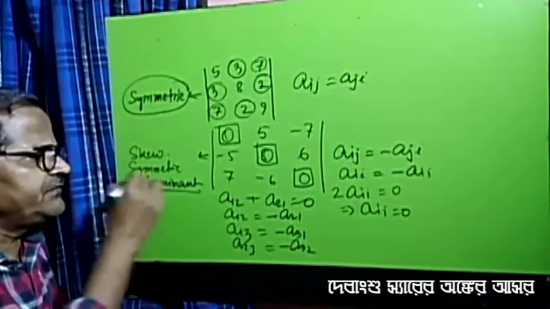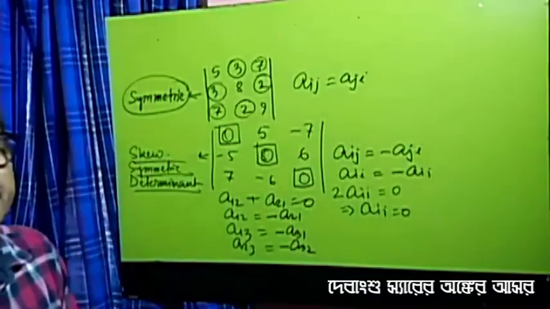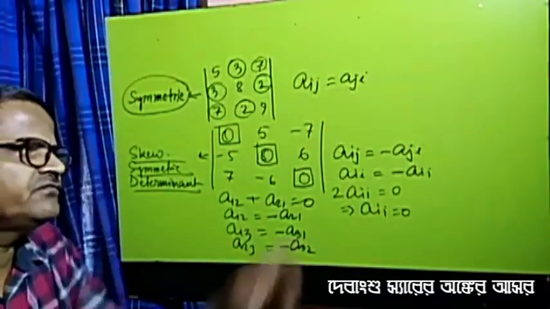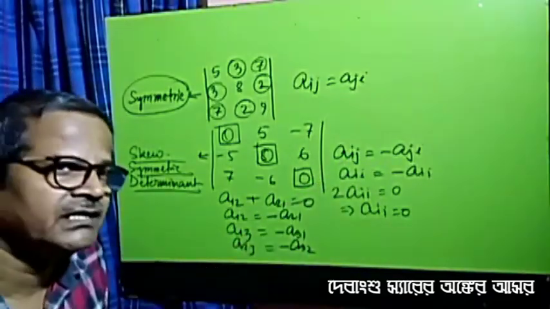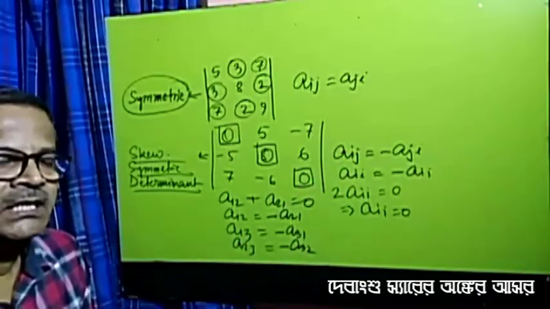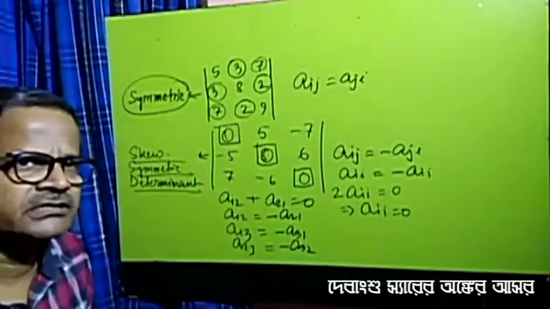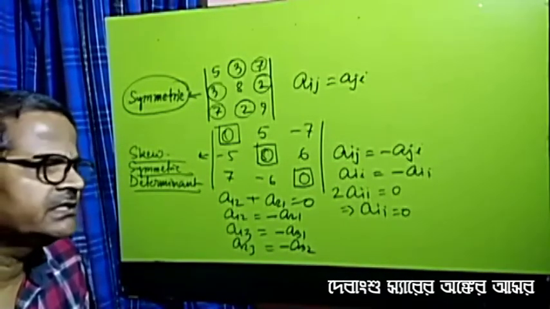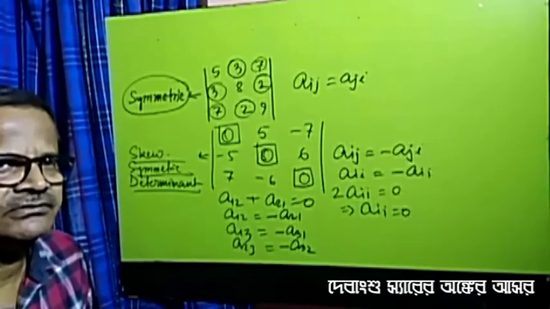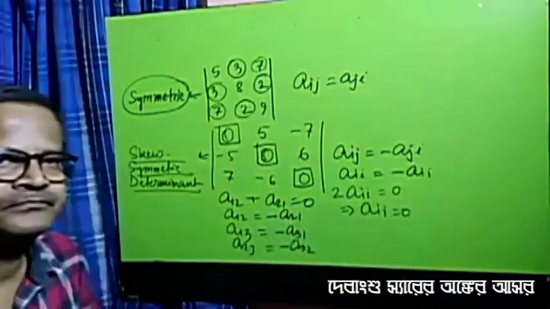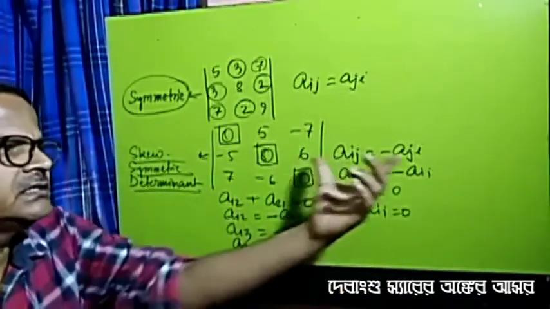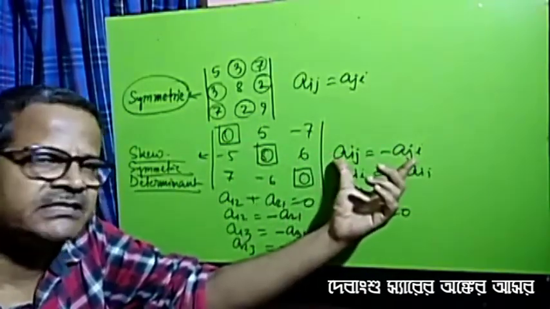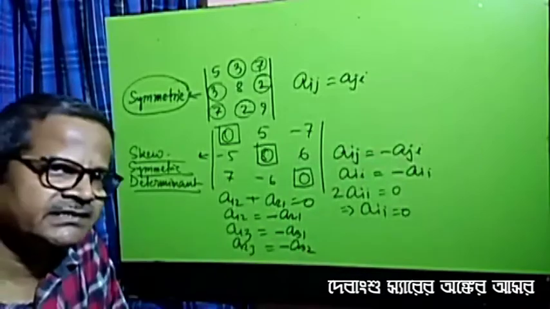Now, what is the definition of a skew symmetric determinant? A determinant is called skew symmetric if Aij is equal to minus Aji. And it is a very common question that in a skew symmetric determinant, the diagonal elements are 0. And the proof is here. You have to write: since the determinant is skew symmetric, Aij is equal to minus Aji.